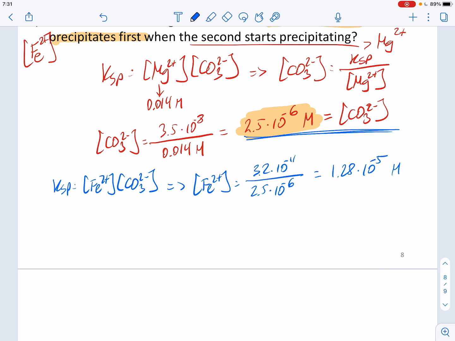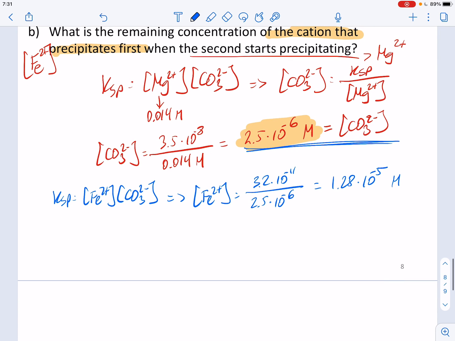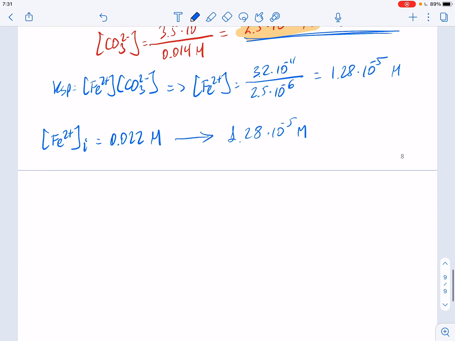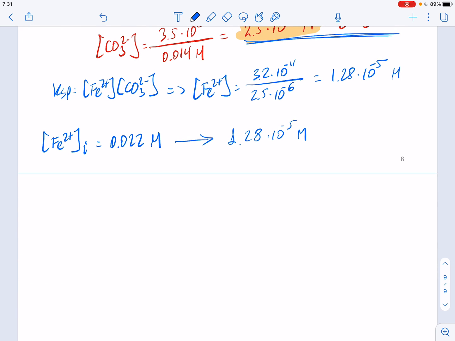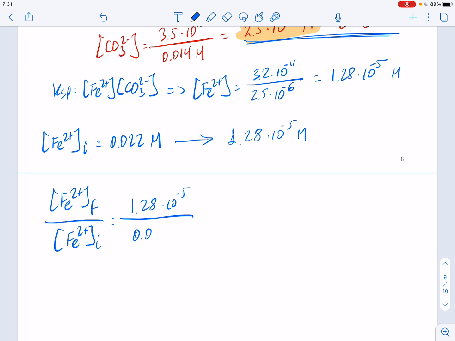Okay, so you started with the initial concentration of iron equal to 0.022 molar, and you went all the way to 1.28 × 10^-5. So how much does that represent from your original concentration? Well, the ratio, your final iron divided by your initial iron, is equal to 1.28 × 10^-5 divided by 0.022.